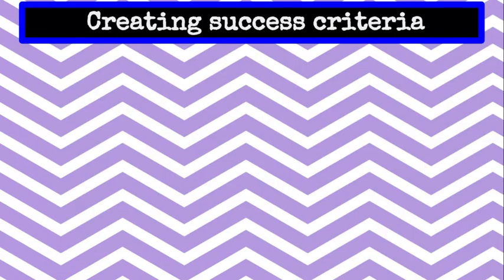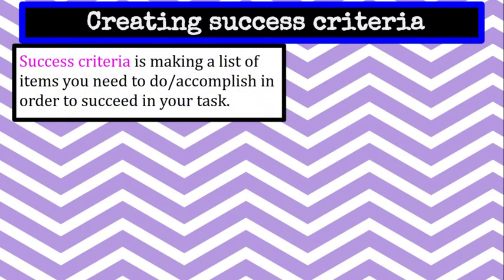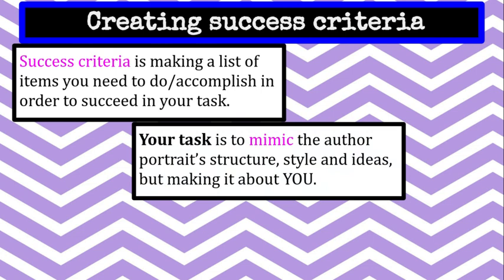So creating success criteria. Success criteria is making a list of items you need to do or accomplish in order to succeed in your task. So we're going to create success criteria on how we can make our own author portraits. Okay, so your task is to mimic the author portrait structure, style, and ideas, but making it about you.